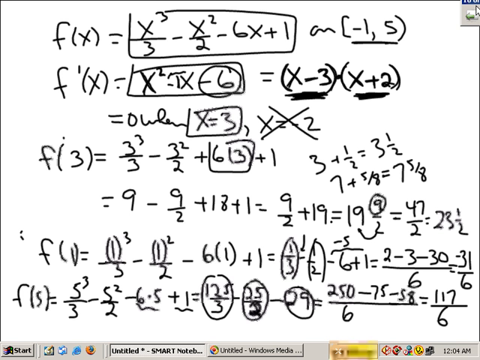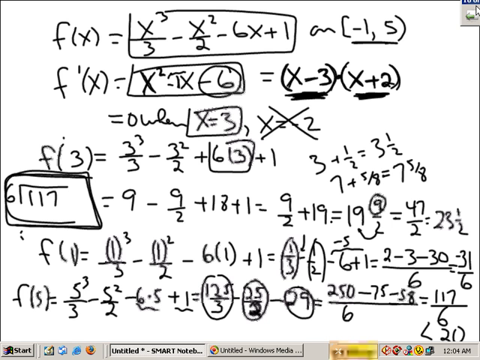Now, in the corner right here, I will do 6 into 117. Well, you should know it's less than 20, so 6 goes into 120 20 times. It's less than 20. Now, why am I saying that?